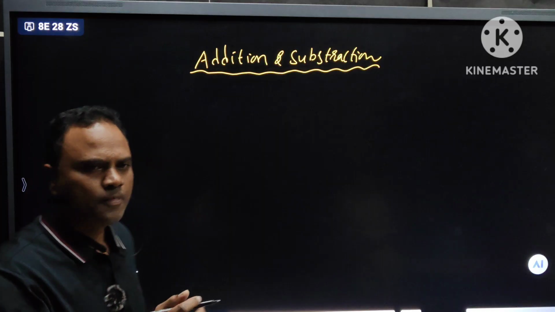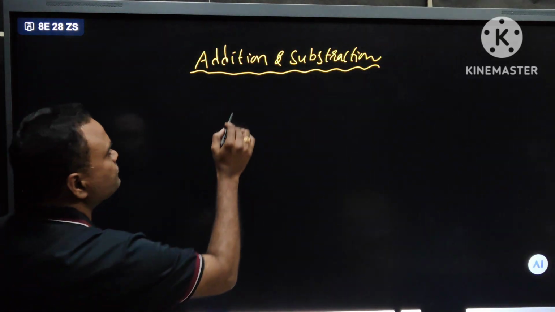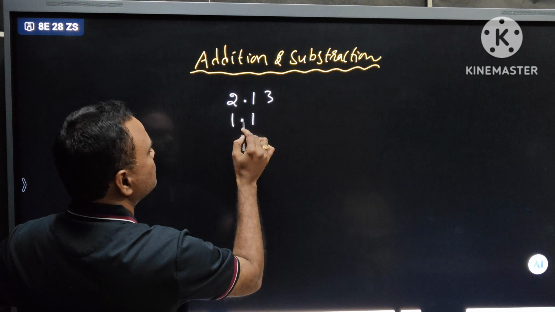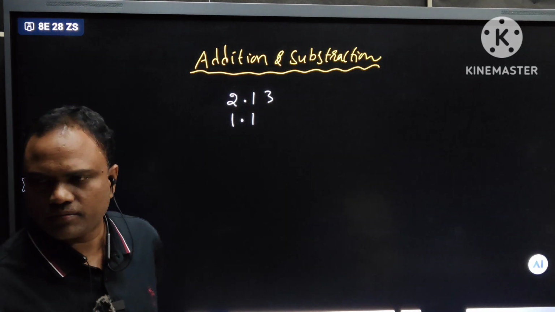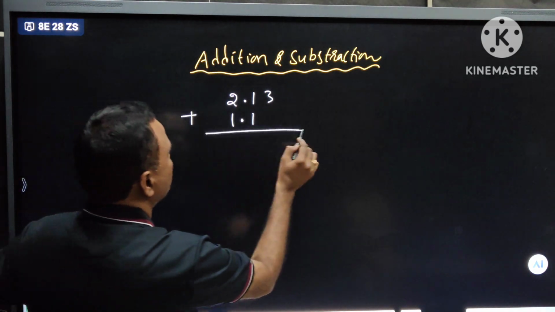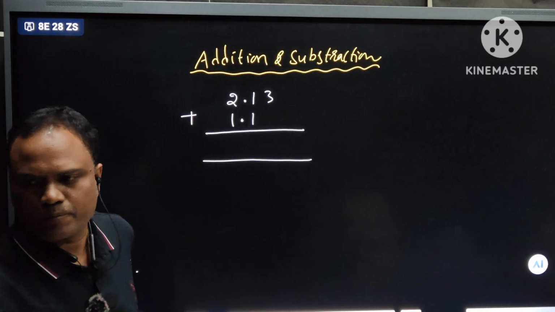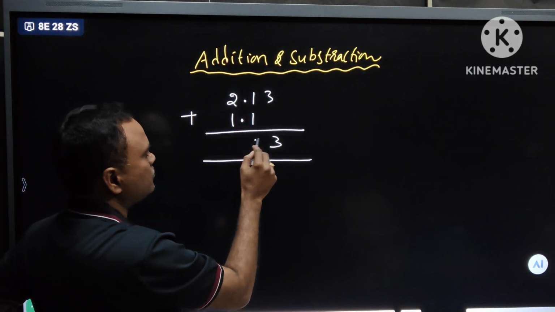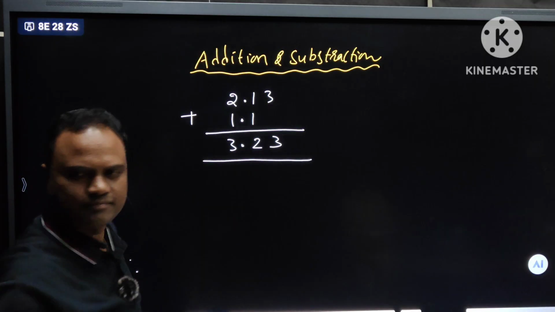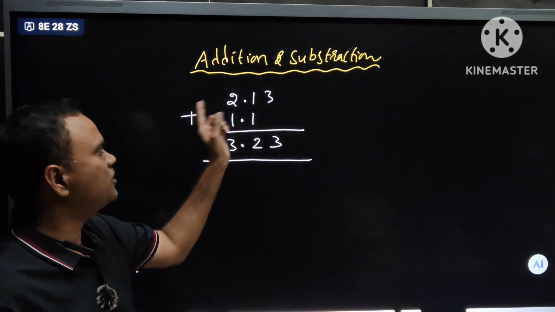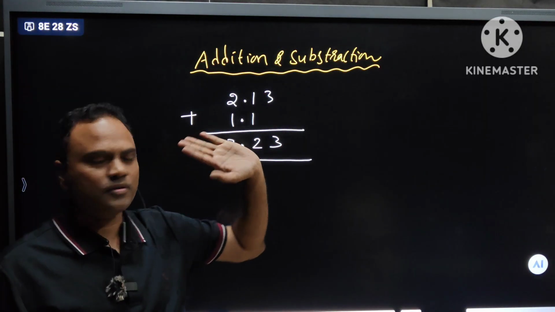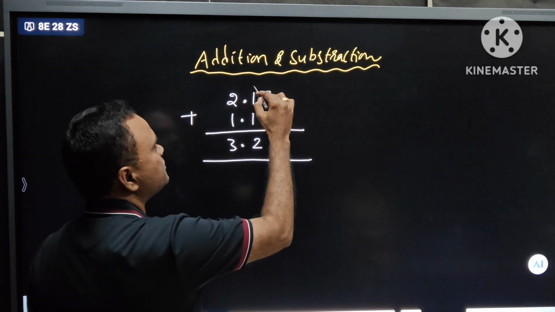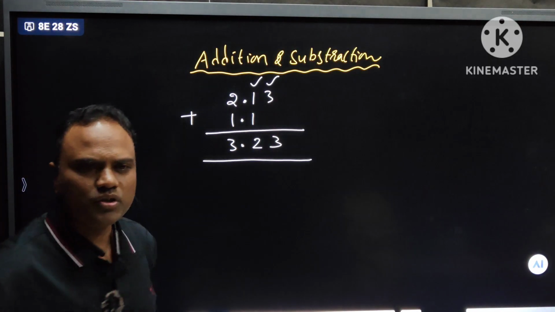Addition, subtraction. I'll take two numbers, 2.13, 1.13. Okay. Now observe two numbers. In the first number, after the point, how many decimal places are present? 1, 2. 2 decimal places.